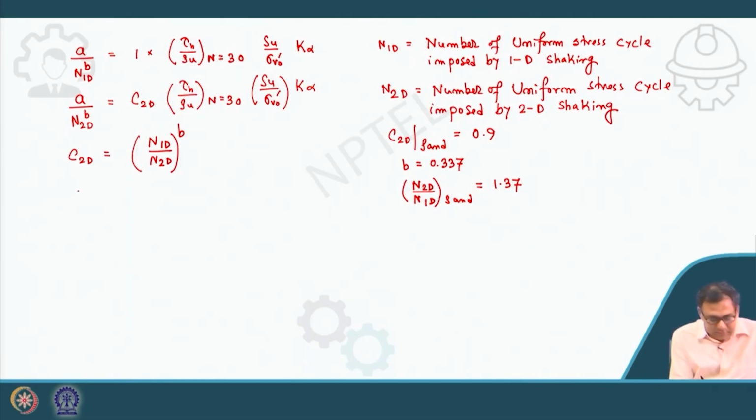From here, I can write C2D to the power 1 by B is equal to N1D by N2D.